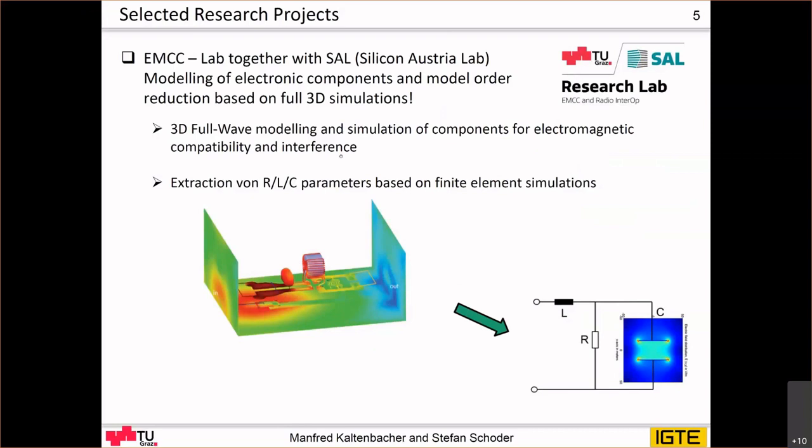So there will be in the near future quite a lot of master theses also on this special topic, so that we will be able to develop an environment with special models of the individual components and model order reduction to be able to do full computations of electronic circuits towards the electromagnetic compatibility.